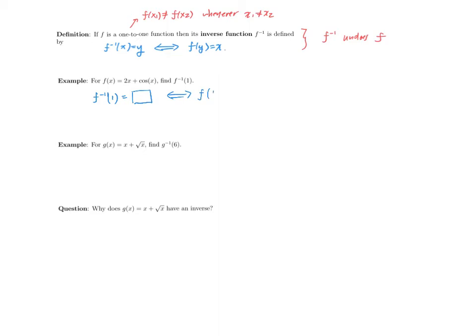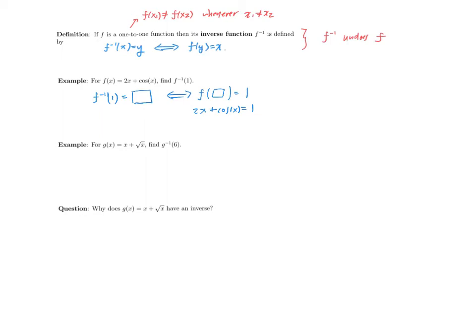So whatever value f inverse of 1 is, it is the same value that makes the function f have an output of 1. So if we take our function and set it equal to 1, the question is, can we determine any value of x that will solve this equation?